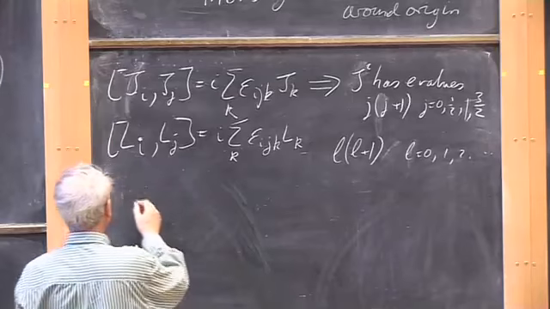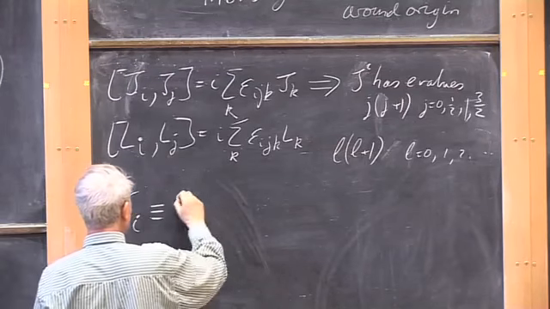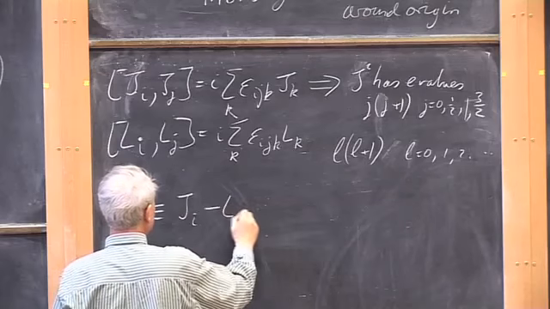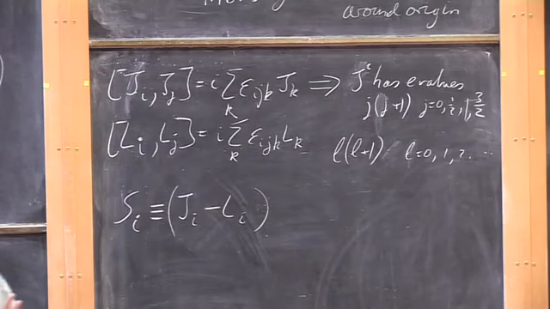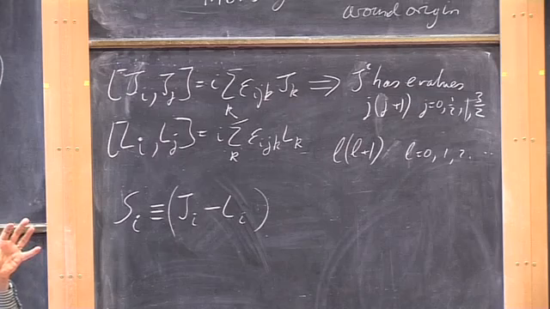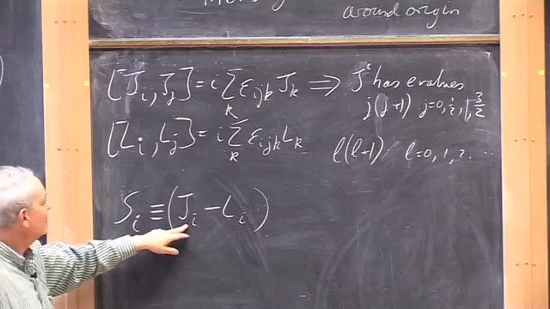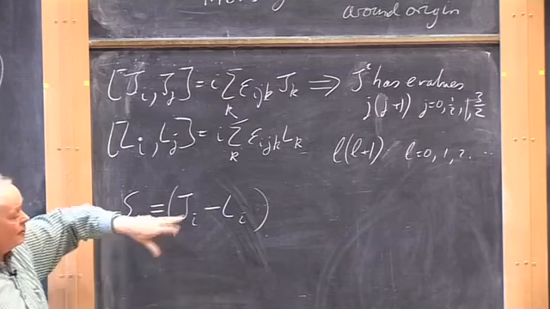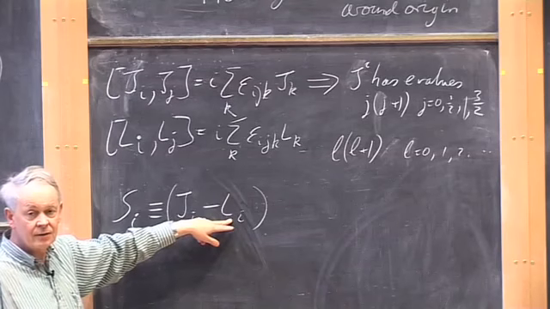What we're now going to do is introduce Si, which is by definition Ji minus Li. It's the difference between these two. What does that mean physically? It means that Si is going to be the generator of rotations of a thing about its own axis. So this rotates it on a turntable, so it rotates it and moves it. This simply moves it around a circle.